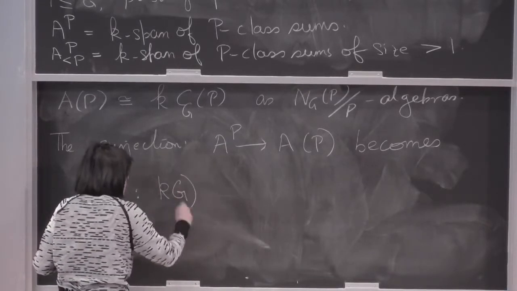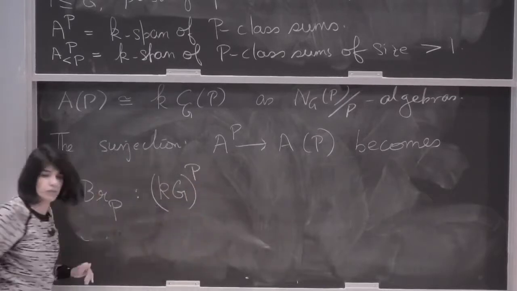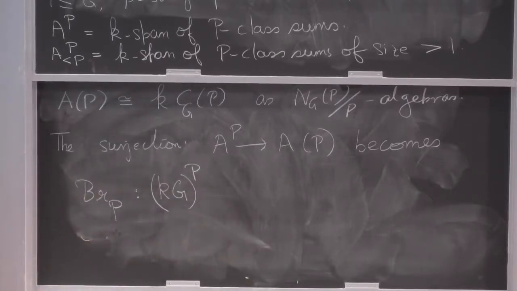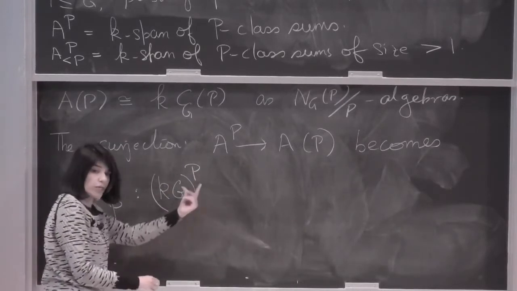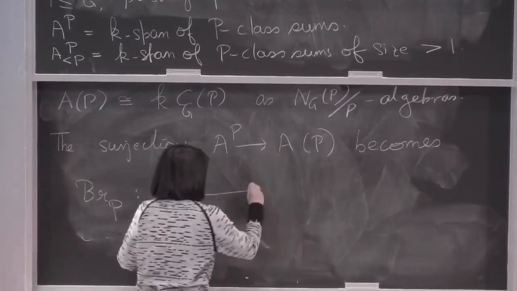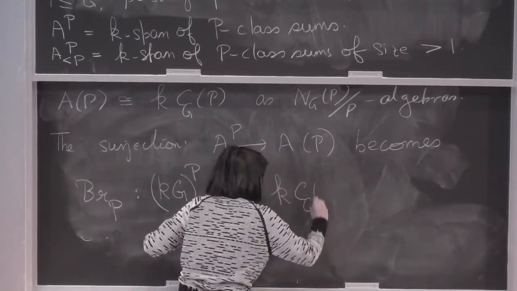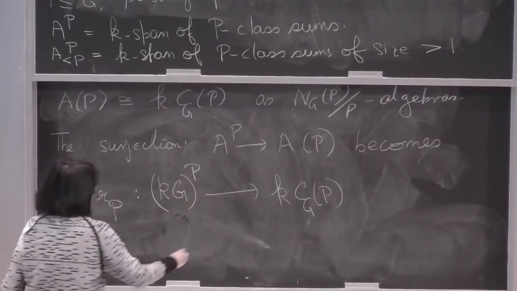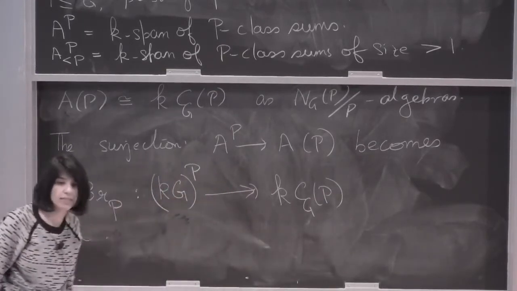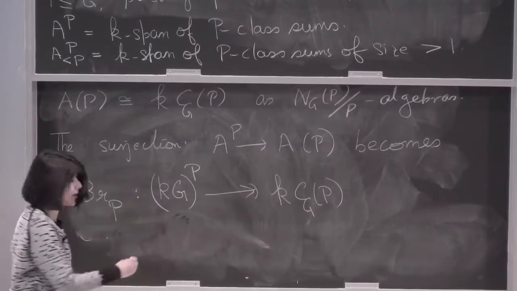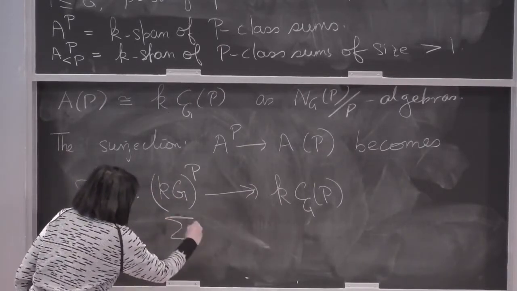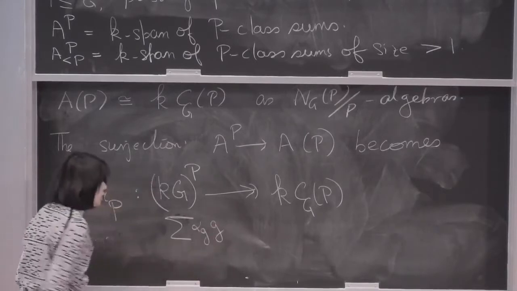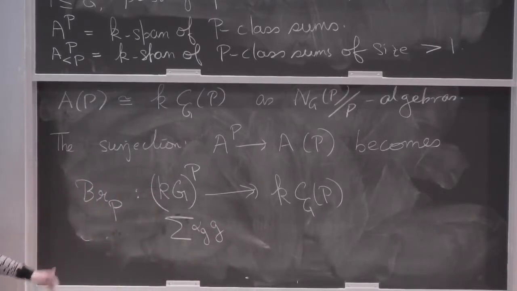I'm going to write now, I want to put the actual algebra back in the picture: from the fixed point algebra of KG to the group algebra of the centralizer in G of P, and this map is really very easy. You write every element of KG as a linear combination of group elements.